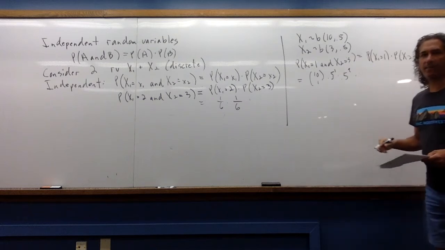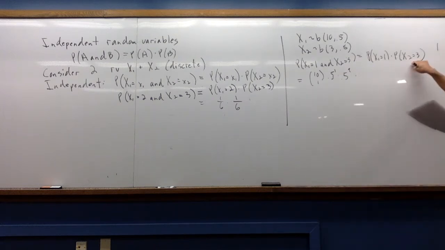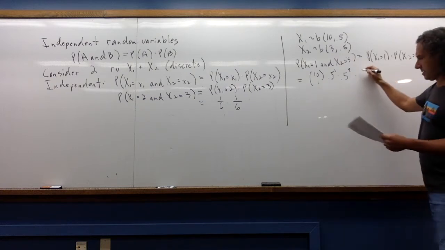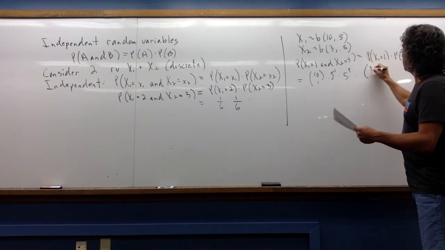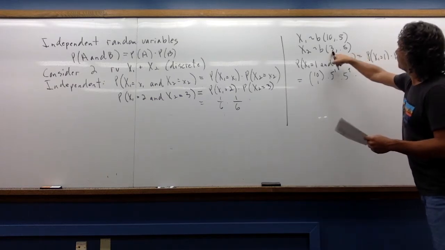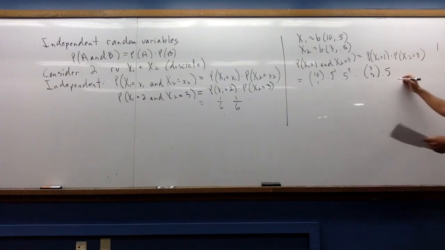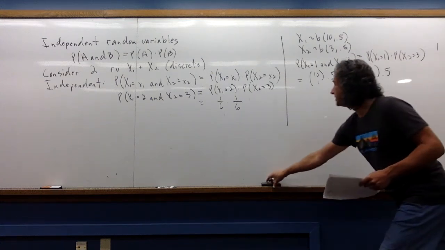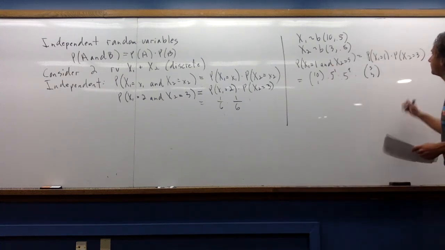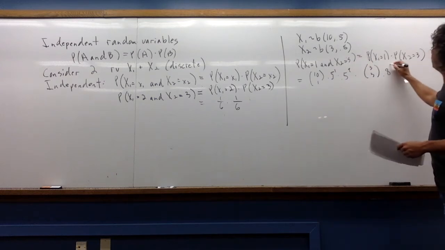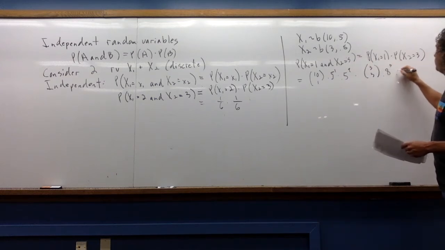This is just the binomial distribution. And for the second guy, we're going to do n, let's see, 3 choose 3, not 0.5, but 0.8 cubed times 0.2 to the 0.